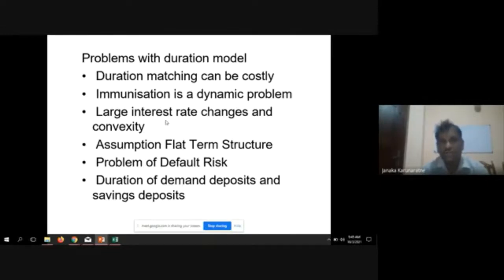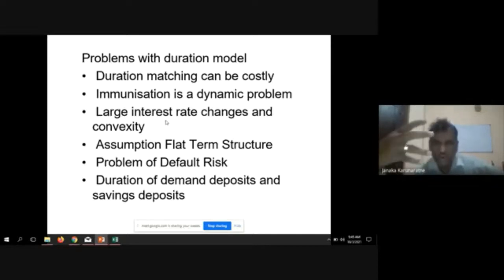Okay, let's move on to the final part of duration modeling. The problems with duration model. Now, the first point is duration matching can be costly, and immunization is a dynamic problem. I think these two go together.